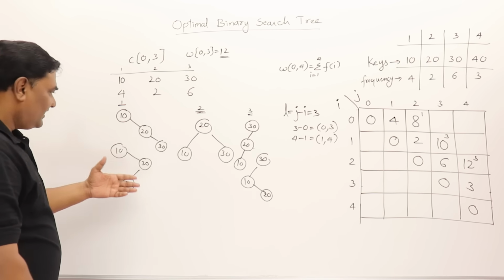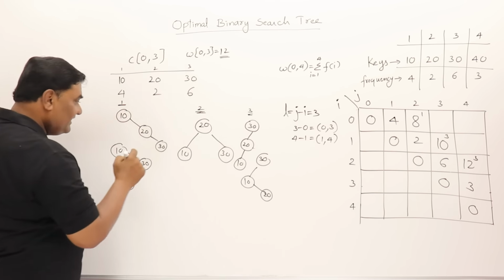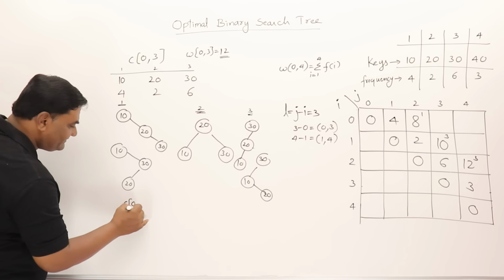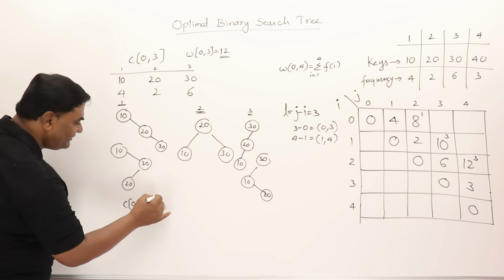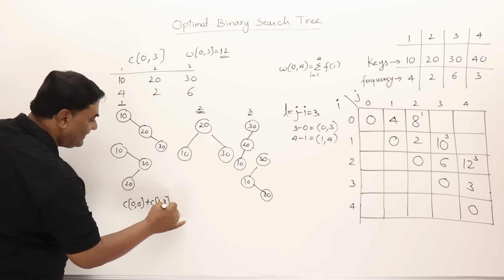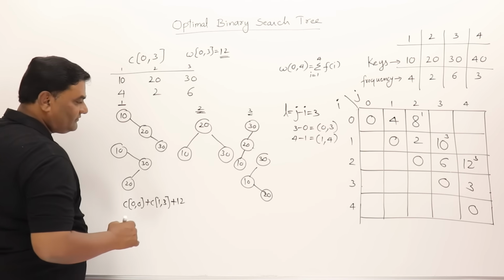Alright. So what is the cost of this side and this side and this side? See, here who is root? 1 is root. So if 1 is root, then this will be C of 0 comma 0 plus C of 1 comma 3 and plus weight. Weight is how much? 12. I'll directly write on this one.